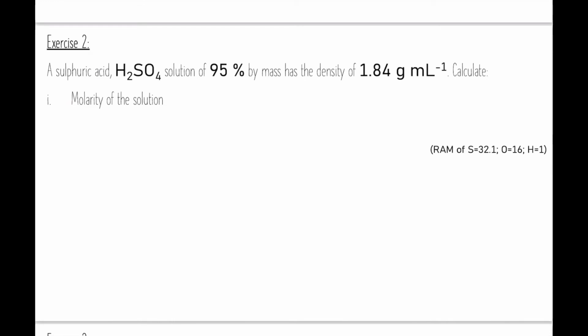First of all, we know that to calculate molarity, we need to have the number of mole of solute and the volume of solution in liter.